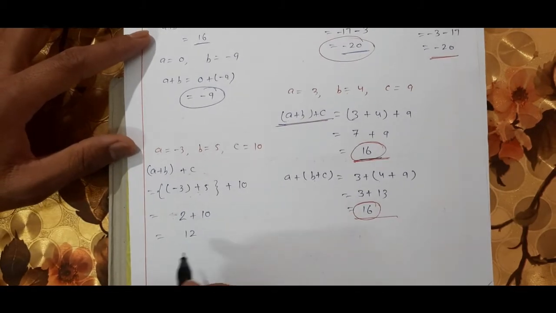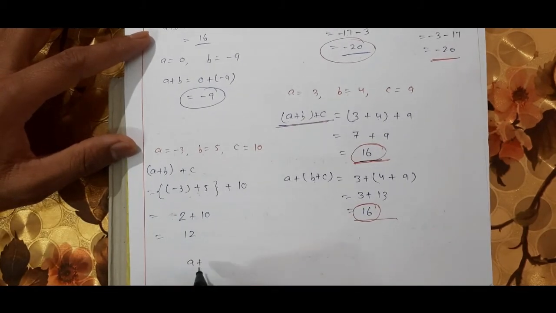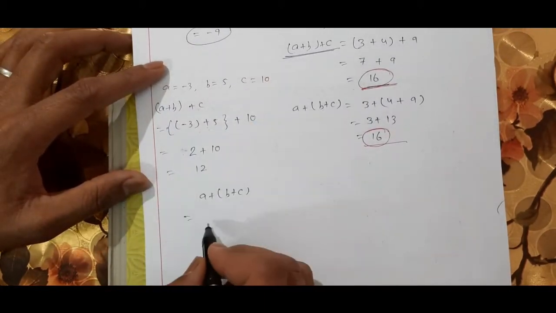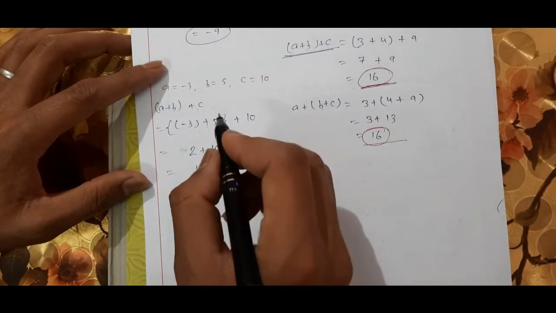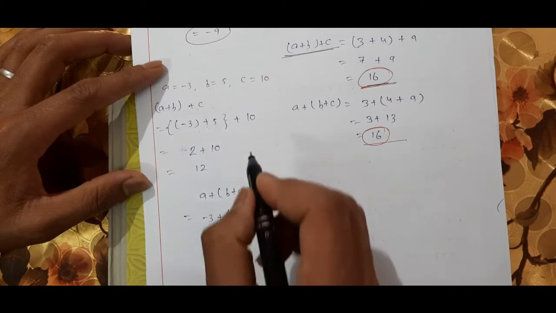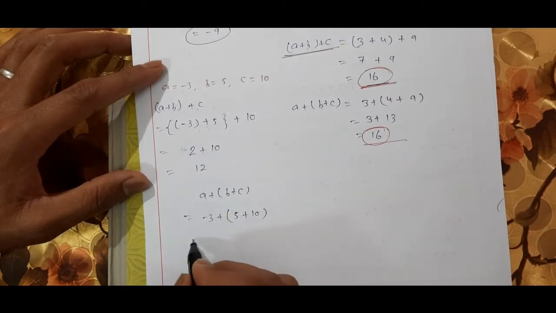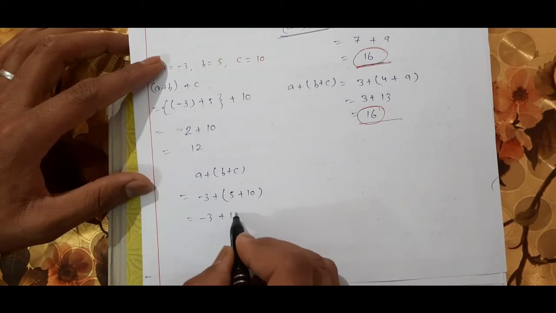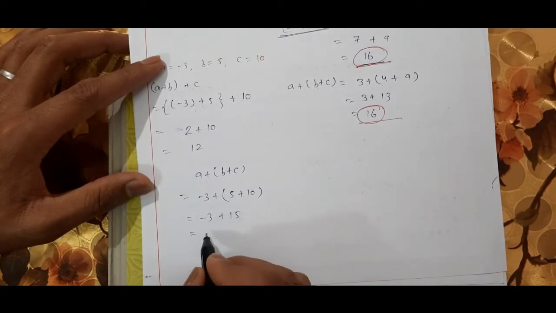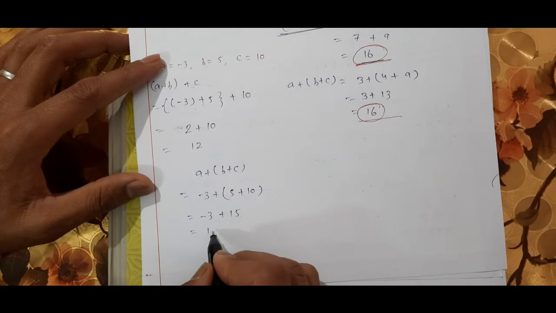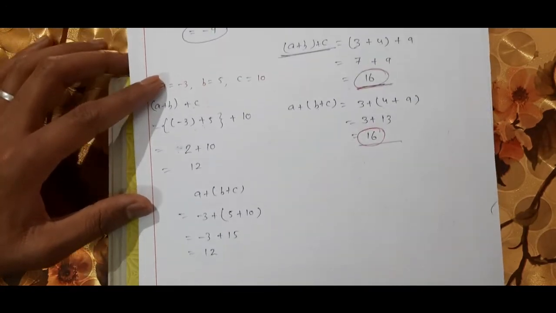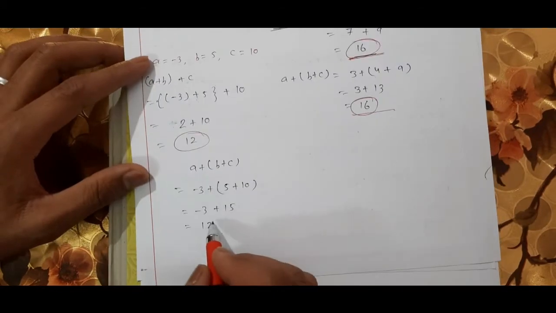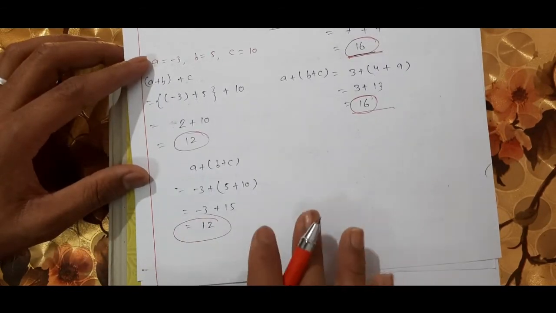Now right side, a + (b + c): here a is minus 3 plus b is 5 plus c is 10. Then 5 plus 10 is 15, minus 3 is 12. So left side is 12 and right side is also 12.